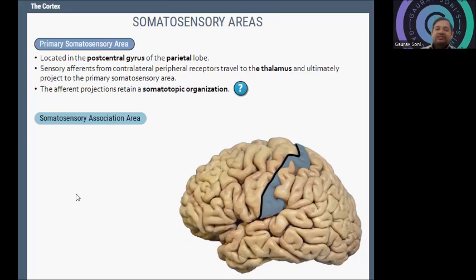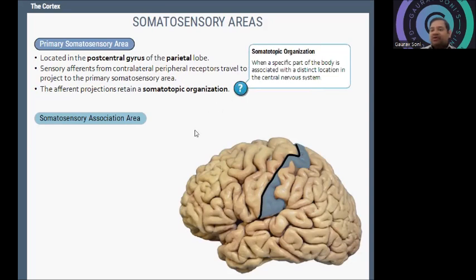The afferent projections retain a somatotopic organization. So what is somatotopic organization? When a specific part of the body is associated with a distinct location in the central nervous system, it is called a somatotopic organization. This association is called somatotopic organization.